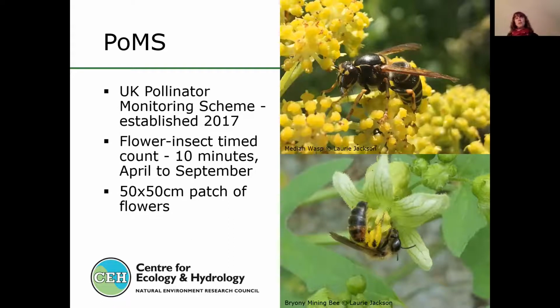And basically what you're looking for is a 50 centimetre by 50 centimetre square, and it's a patch that is made up of predominantly one flower species, and there's a list of flower species to use. It includes all of the species that pollinators love, so things like dandelions, white dead nettles, brambles, hogweed, ragwort, knapweed, all of those kind of things.